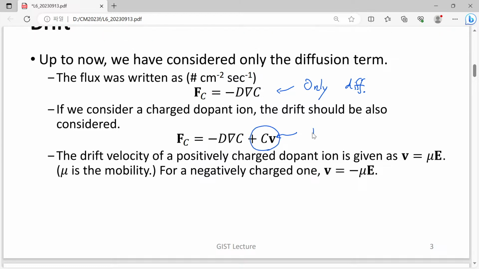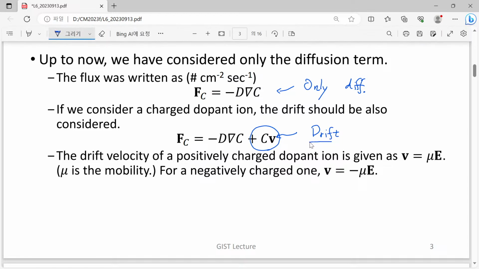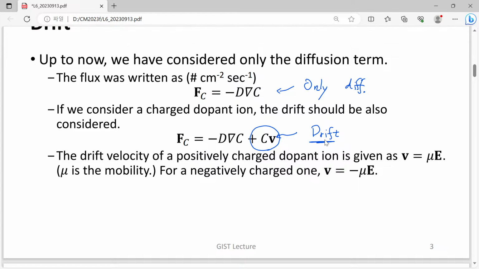This corresponds to the drift mechanism, and drift means the motion of our dopants, like a positively charged ion or negatively charged ion, by the applied electric field.